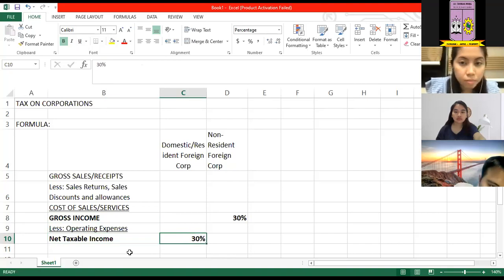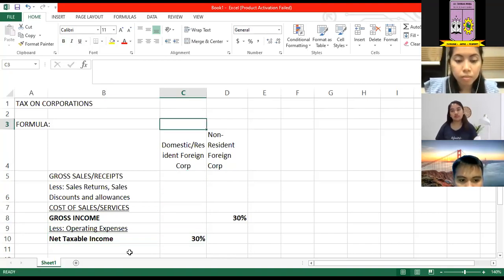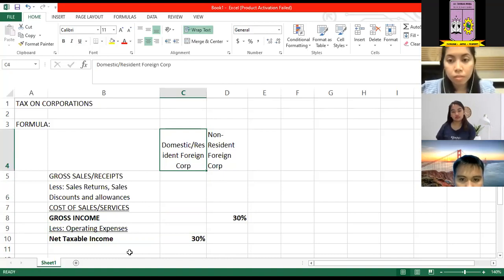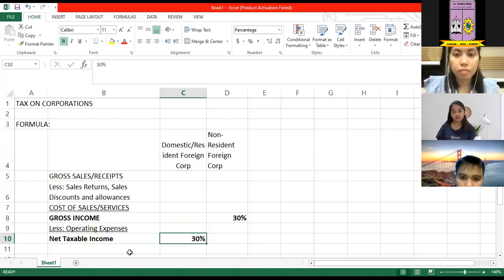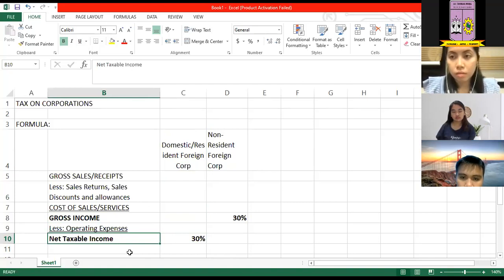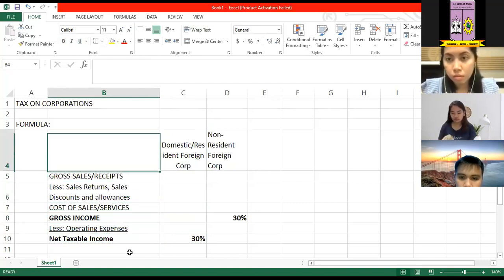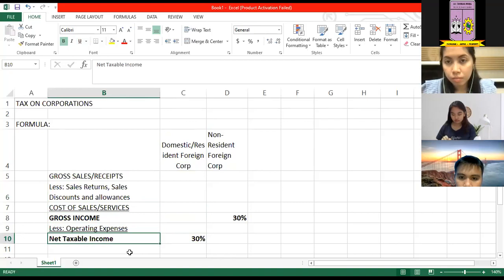Now, balikan natin yung tax base, no, for corporations. Una, if yung corporation is a domestic corporation or a resident foreign corporation, yung 30% income tax rate natin will be based from the net taxable income. Meaning to say, you will have to go through this computation bago mo multiply yung 30%. Okay?